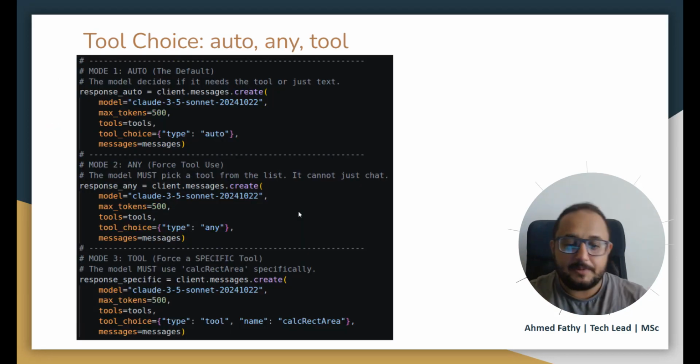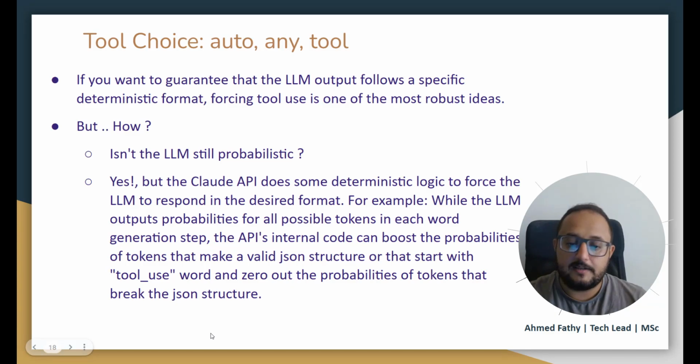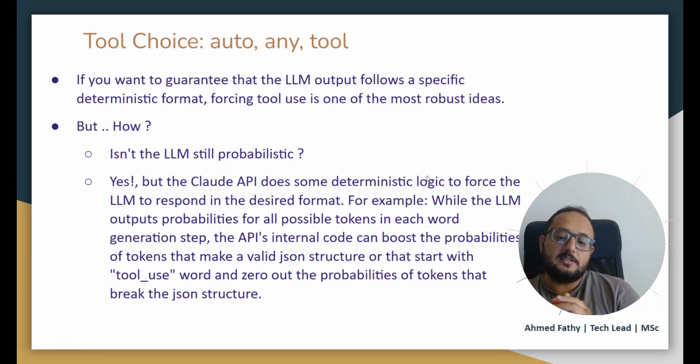So this is really what happens when you call this create with a tool choice of type tool, for example. You can force that. This is what I wrote here, yes, but the Claude API does some deterministic logic to force the LLM to respond in a desired format.